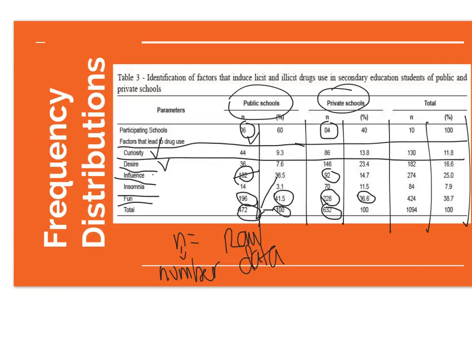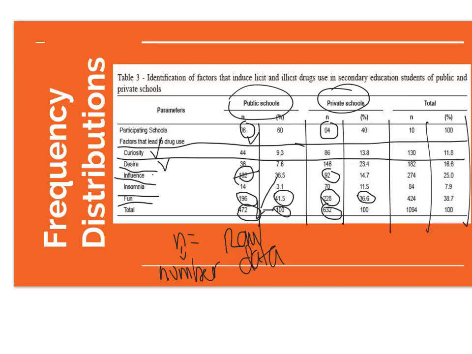So just so you know, when I ask you to interpret frequency distributions, you can say that public school students and private school students, based on the data of the sample, consider fun to be the main motive or the main trigger for drug use. And then so forth.